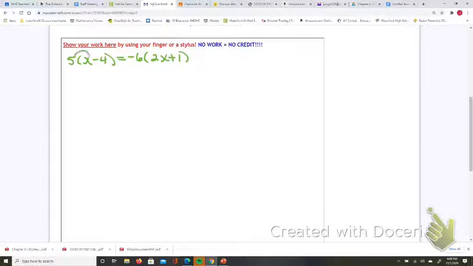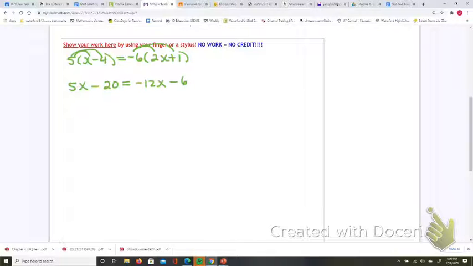So we have to do 5 times x, and we get 5x, and then 5 times -4, and we get -20, equals -6 times 2x, which is -12x, -6 times 1, which is negative 6. So the first thing you have to do if there's parentheses is distribute.